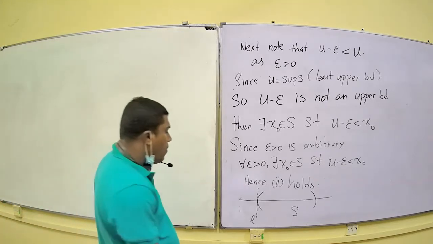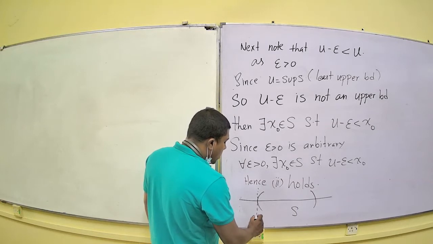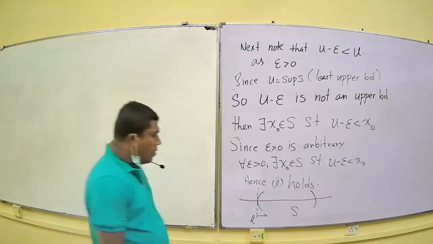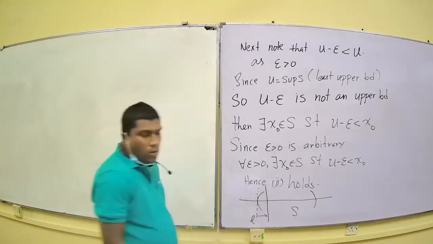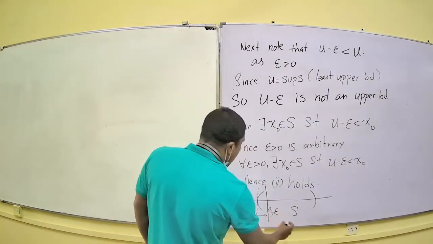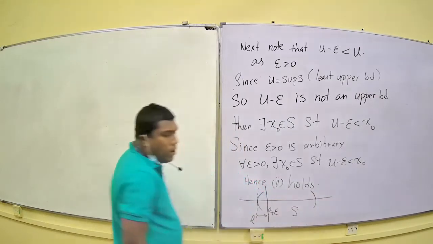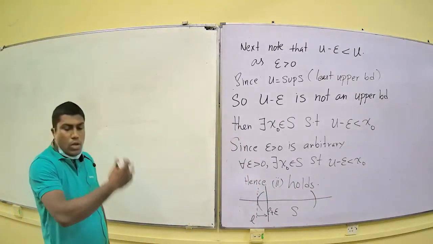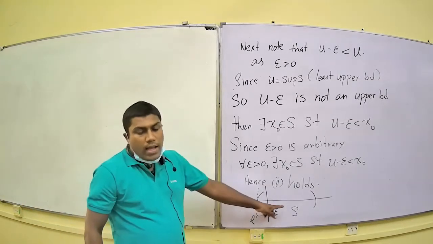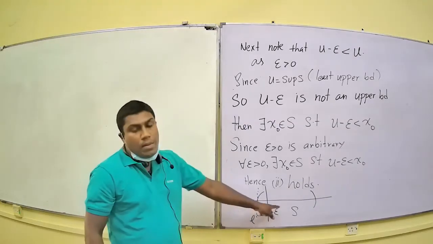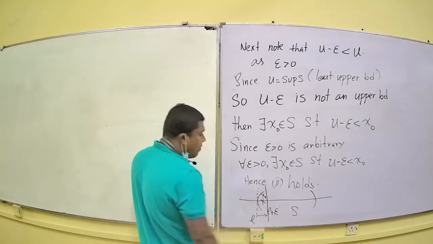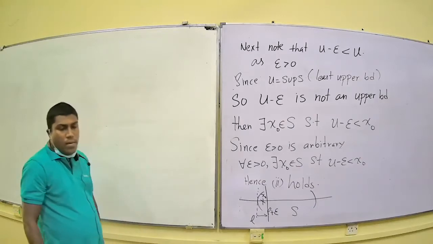Now the other one, the epsilon definition. Here you have to move further from the infimum, so you go here and this becomes L plus epsilon. For the upper bound, you come below from the upper bound, so you have U minus epsilon. But for the lower bound, you go higher than the lower bound, so you go L plus epsilon, and that is the difference. Once you get L plus epsilon, you can see that there will be an x naught in between.